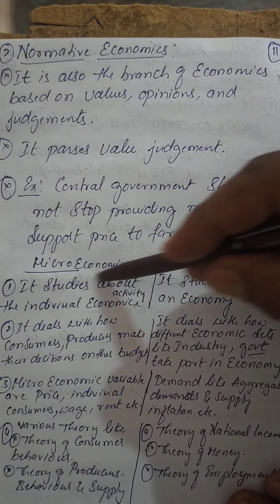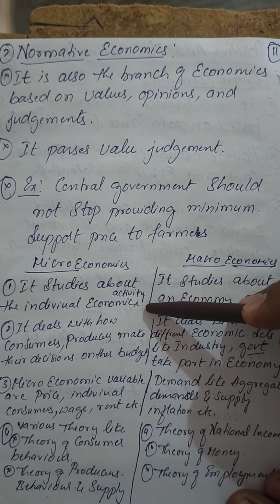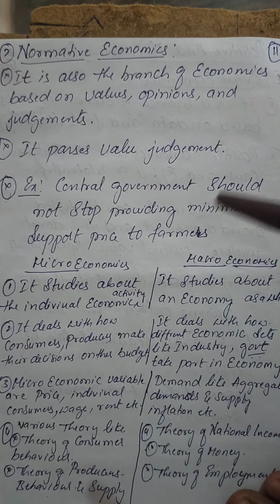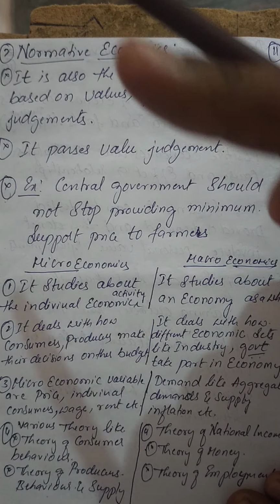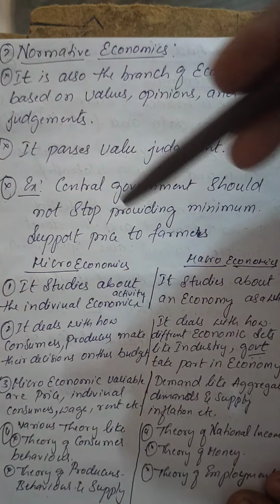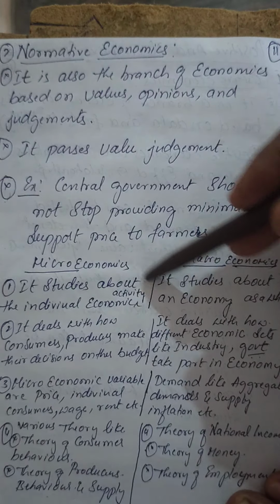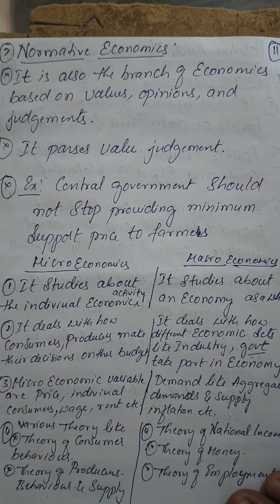That is the activity we are going to study in microeconomics, meaning every single individual of the nation. For example, me, you people, everyone, every single personality in this nation, okay. So that is the first point regarding microeconomics.